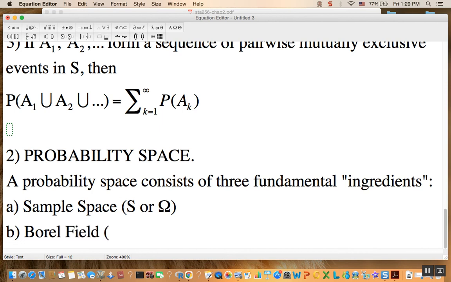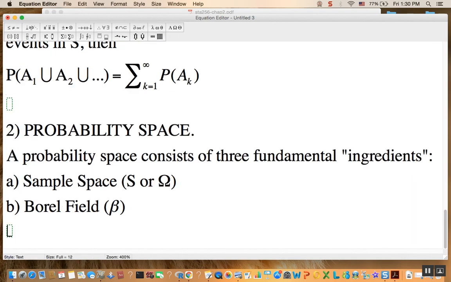We used beta to refer to a Borel field. 3, the probability function P.